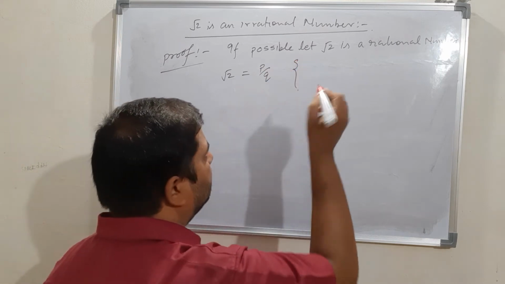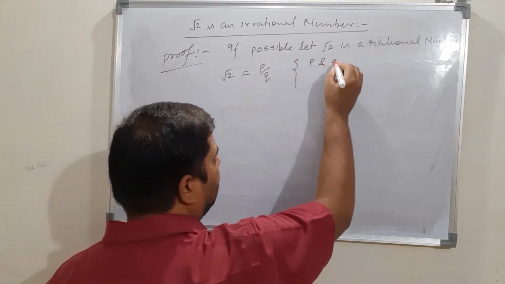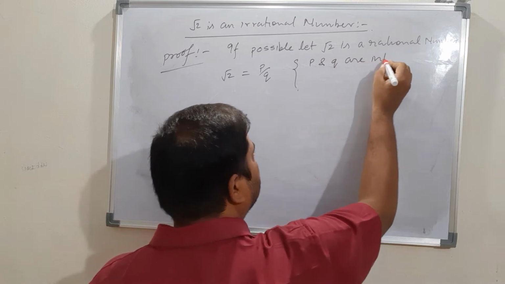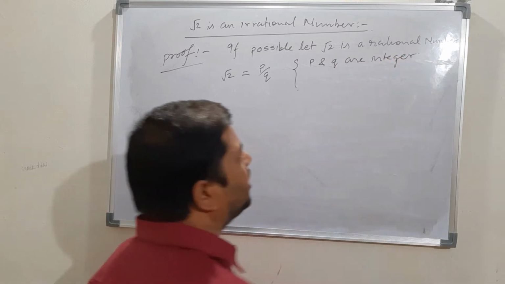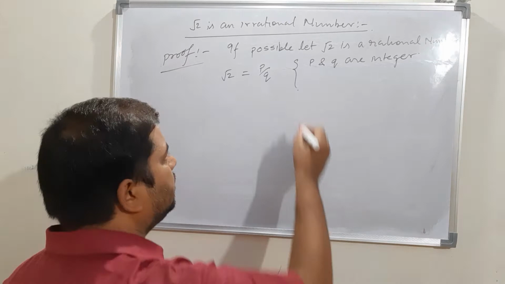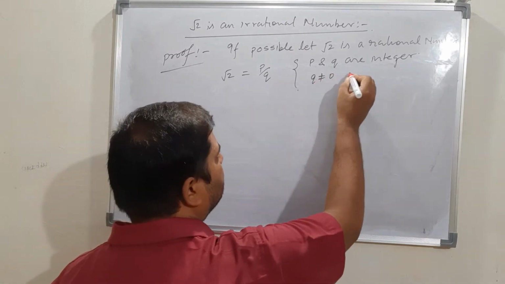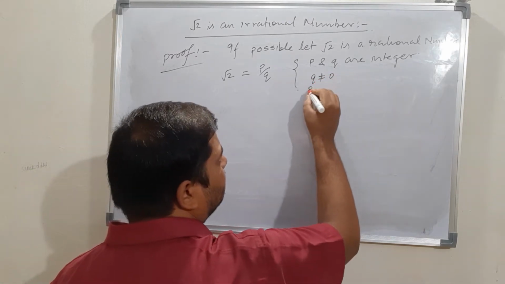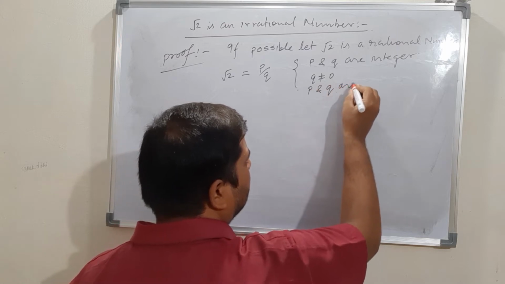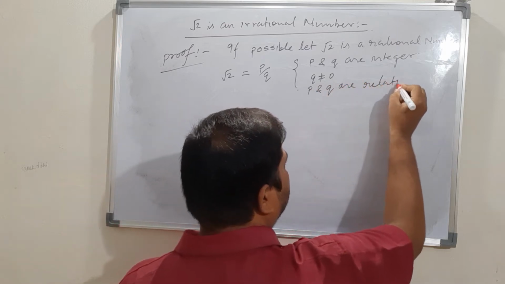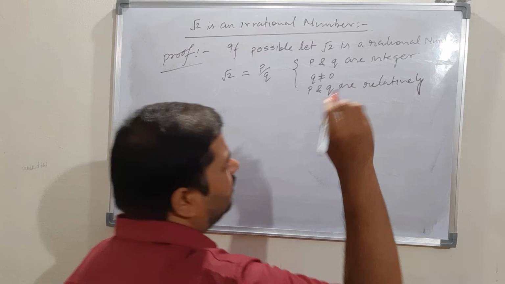But remember, where p and q are integers. The first thing, p and q are integers, q does not equal 0, and p and q are relatively prime. This is the very important thing.